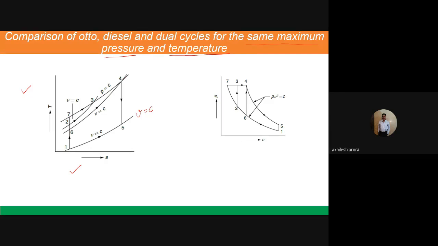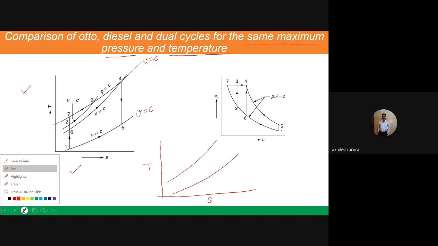Between these two constant volume lines, I am first of all going to draw the Otto cycle. Let me draw it so that you can understand it. I will first draw two constant volume lines here, like this, and then this is state point number 1.